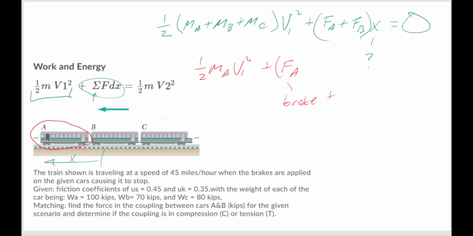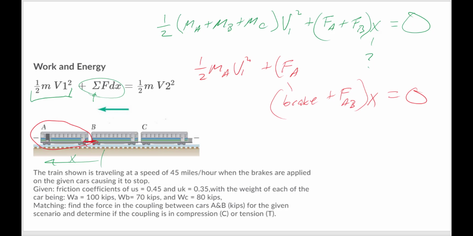And then it would also be the force in between A and B. Whatever crosses the boundary, I have to keep track of any force that crosses the boundary. So now this little link between the trains is acting through that distance to bring the A train to rest.